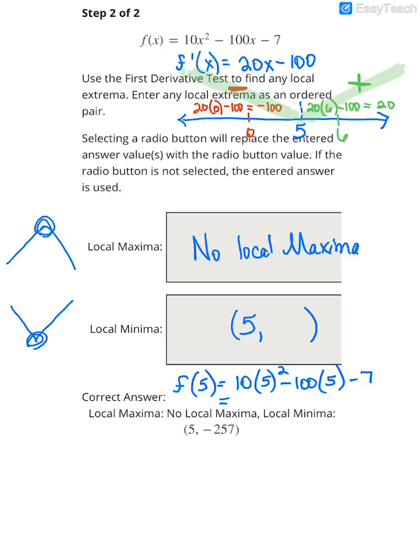And so 5 squared is 25 times 10 would give me 250, minus 100 times 5 would be 500, minus 7. So if you take 250 minus 500, you get negative 250, and negative 250 minus 7 would leave you with a negative 257. So they do want both the x and y coordinate of the point when you identify it as either a local max or local min.